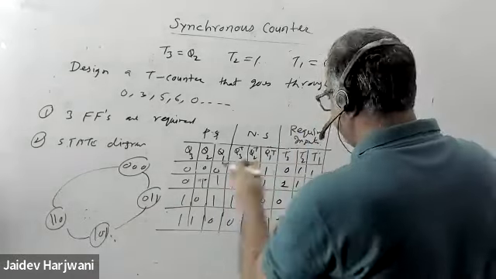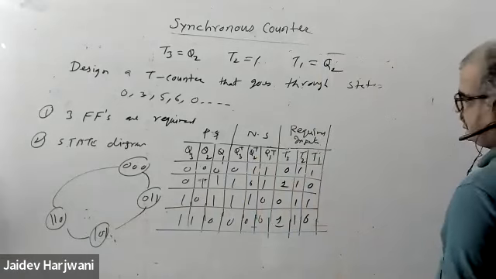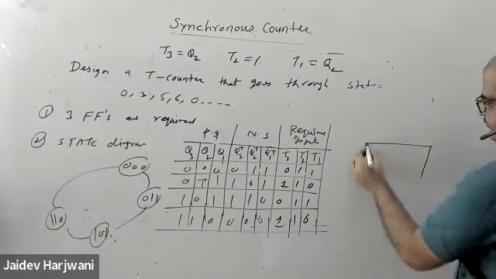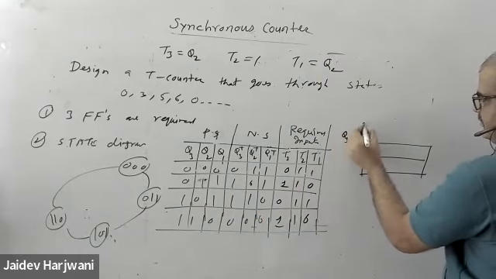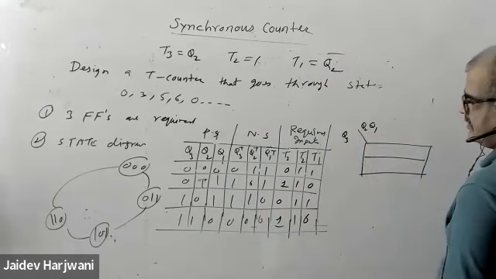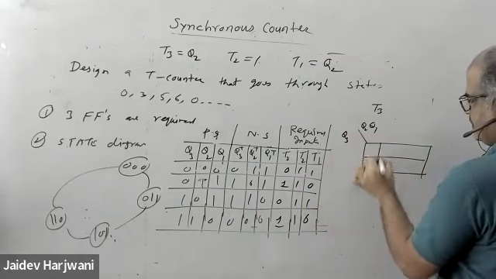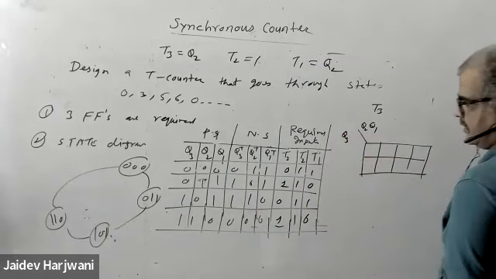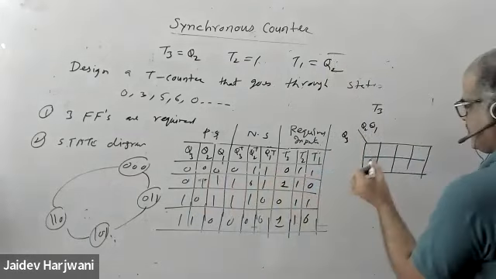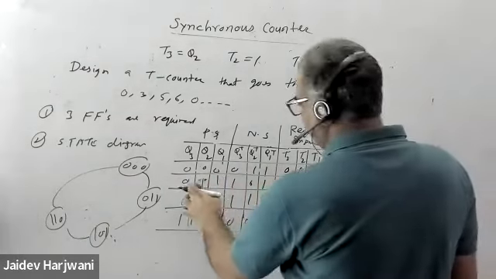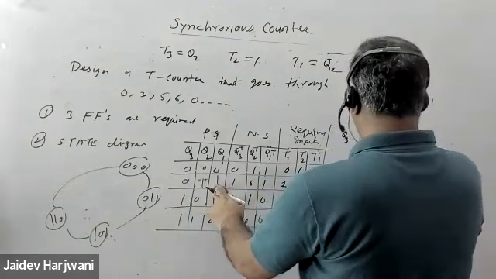I have to make the table for Q3 Q2 Q1. So you have the position 0 0 0, T3 is 0. With the position 0 1 1, T3 is 1.